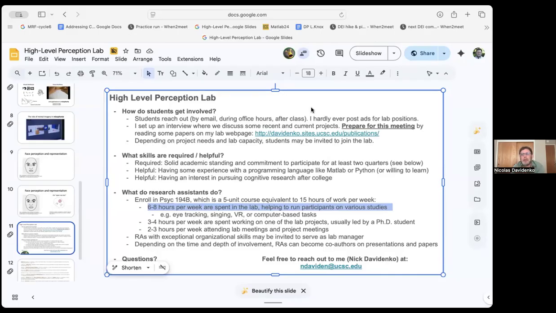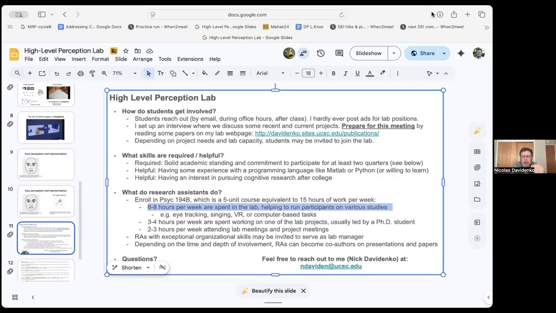The way my lab is organized is that everyone learns how to run all the studies that we're running in any given quarter. A lot of labs work differently, where RAs are assigned to one specific grad student or one specific project, and then they work on whatever that project needs. My lab is split a little bit into general participant running duties that are throughout the week and scheduled around RAs' own schedules, and in addition to that, contributions to a specific project.